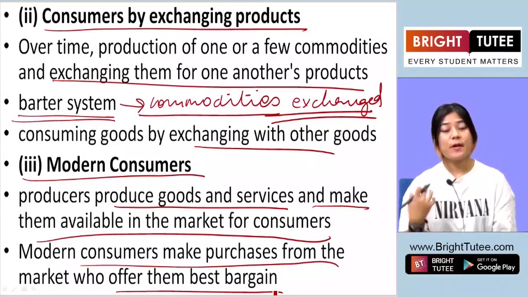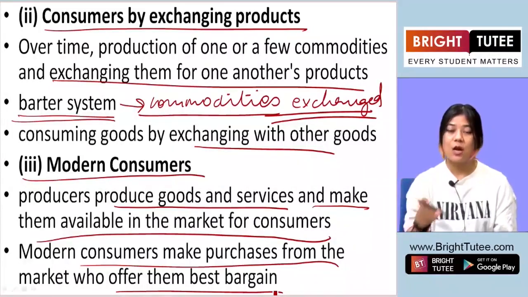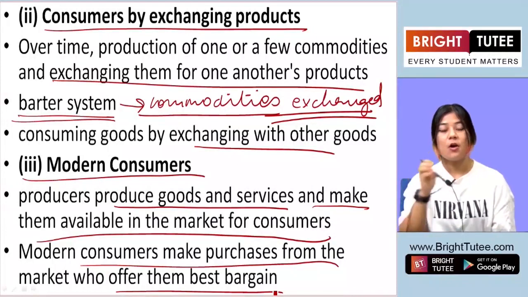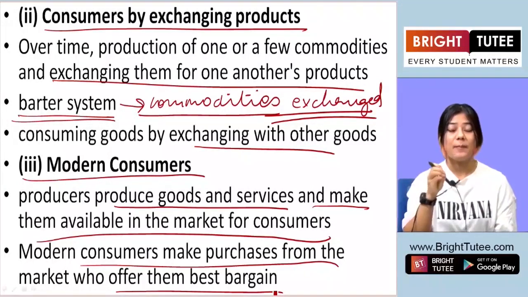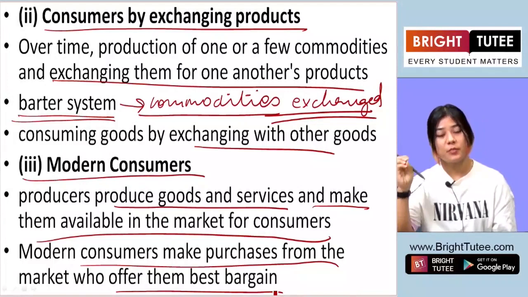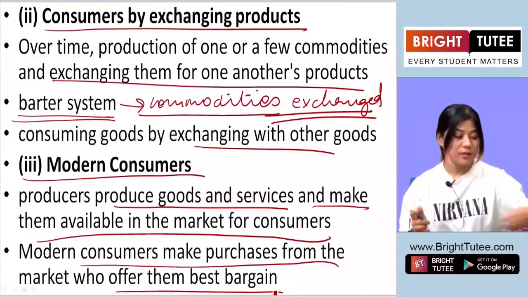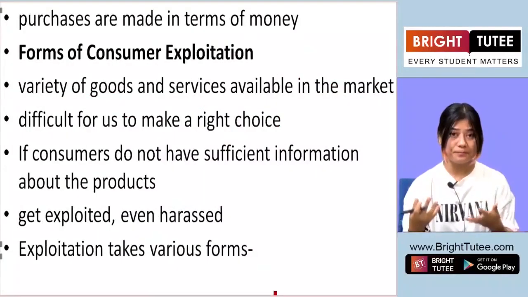So we who are modern consumers, we go to the market and we try to see which shops or which manufacturers offer the best deal, the best price, and then we decide upon the best product that we want to buy depending on the price, depending on the manufacturer. Okay, so that is how we avail of goods and services.